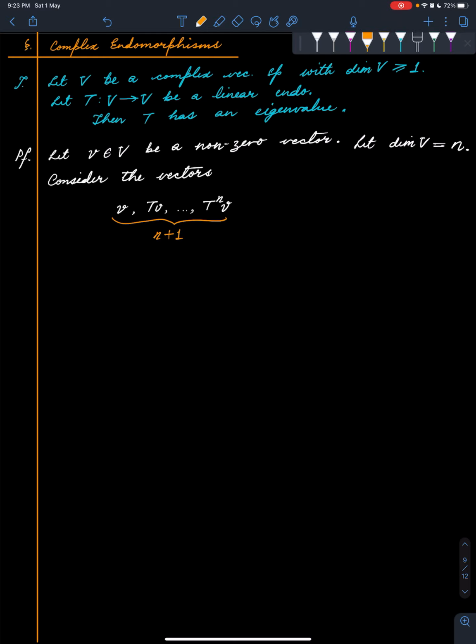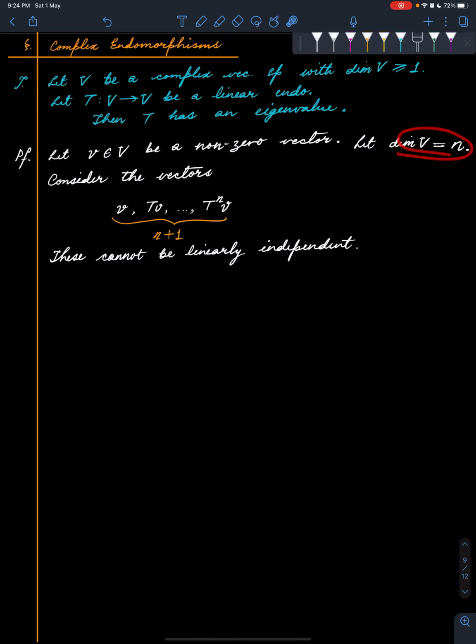So these cannot be linearly independent, simply because the dimension of V was n and we have n plus 1 vectors here. So we cannot find a linearly independent list of size more than n.